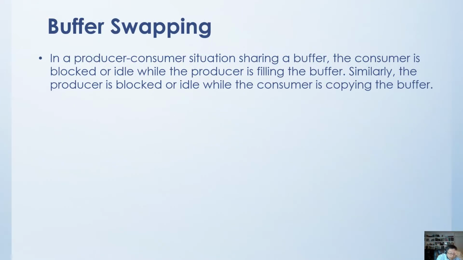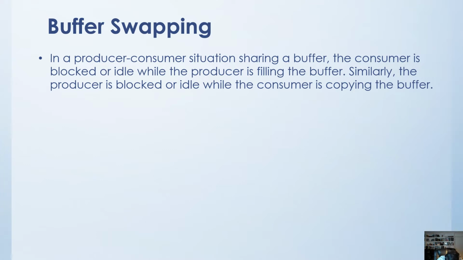Now, in a producer consumer situation, sharing a buffer. For example, if we have a buffer in the device controller, the device controller can use the buffer and copy the data.